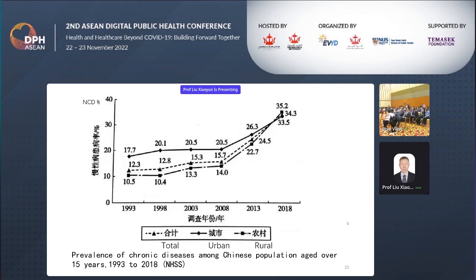Another feature of this change is that in the beginning of the survey, rural areas had a much lower prevalence of chronic disease than the urban city, but now they have a similar level, meaning the rural population is a high risk population for chronic disease conditions. We need to pay more attention to the rural situation.